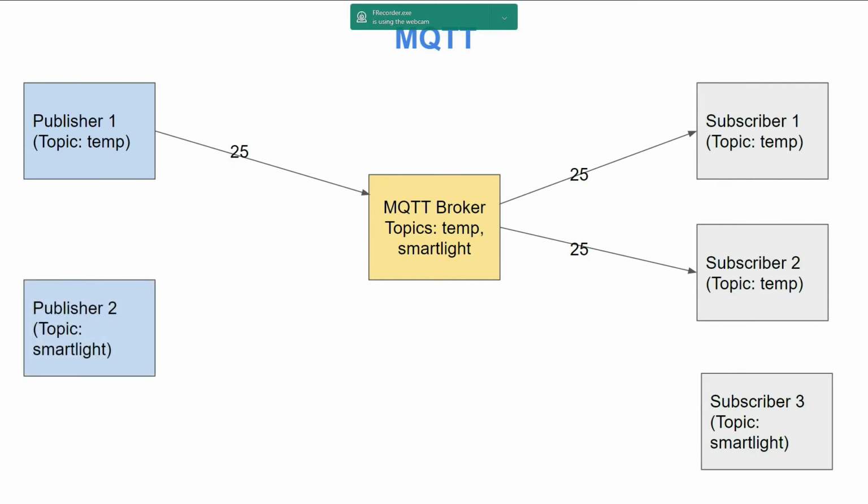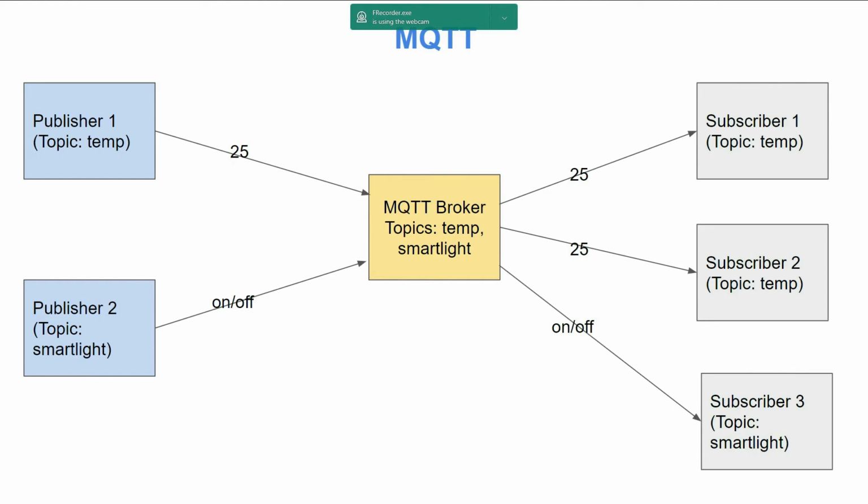Now let's say there is another publisher, publisher number 2, and this publisher is publishing on the topic Smartlight. So let's say it's passing the message on or off to the MQTT broker on the topic Smartlight. As soon as the broker receives the message, it will give the message to subscriber 3, because subscriber 3 is subscribed to the topic Smartlight.